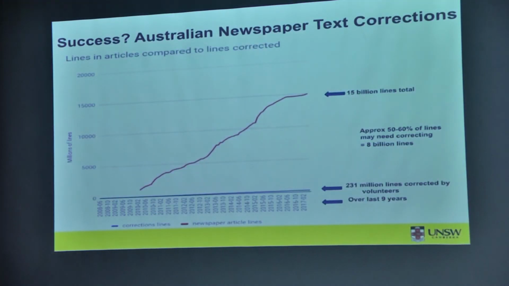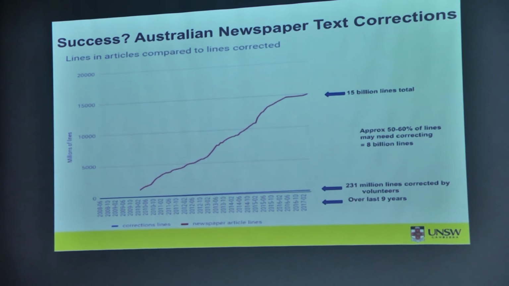Let's now look at this graph. The red line shows the increasing amount of newspaper articles being added to Trove over the last 9 years, measured by lines of text. By May 2017 this year, there were 15 billion lines of newspaper text, which equates to 208 million articles.